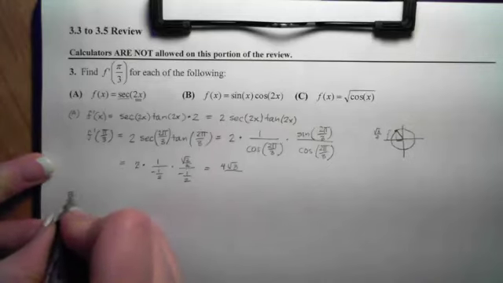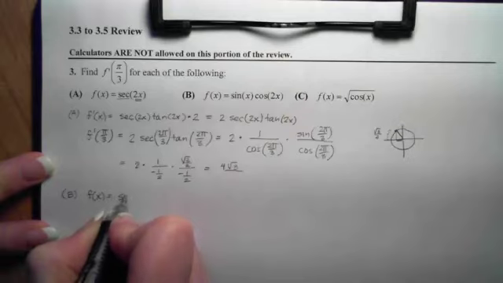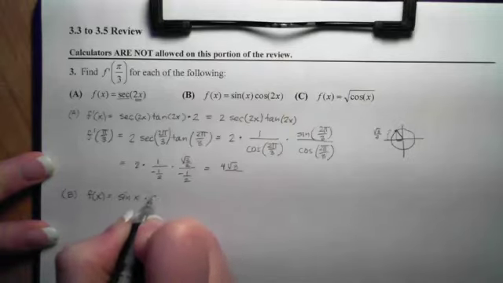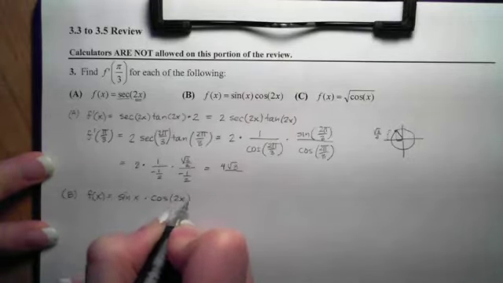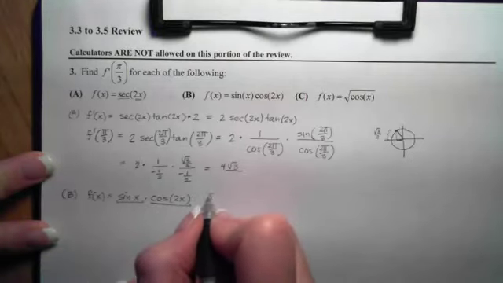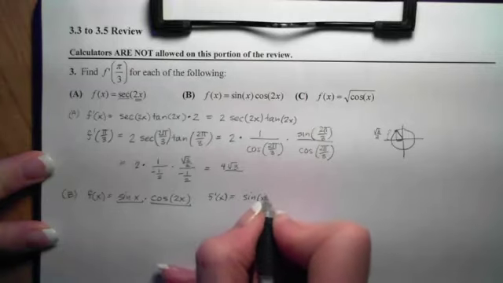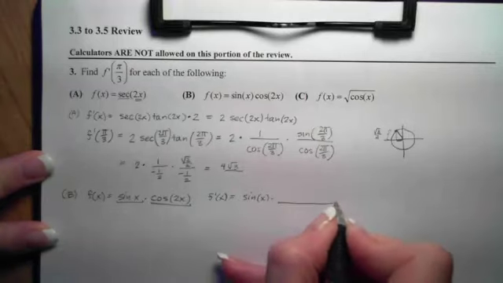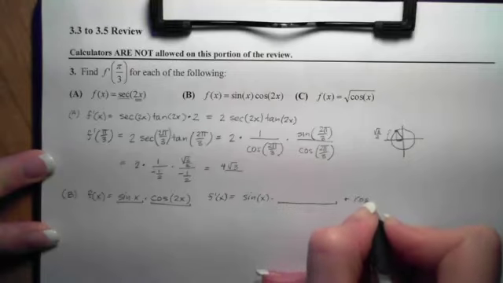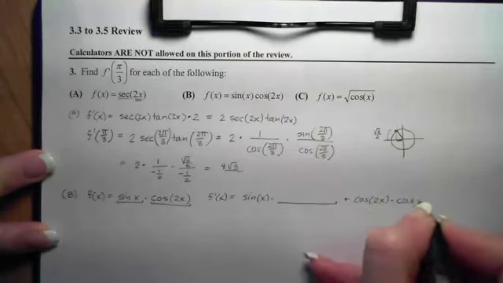Now let's look at B. The first rule that I will have to apply is the product rule, because I have two functions that are multiplied together. So the derivative will be the first one times the derivative of the second plus the second times the derivative of the first.